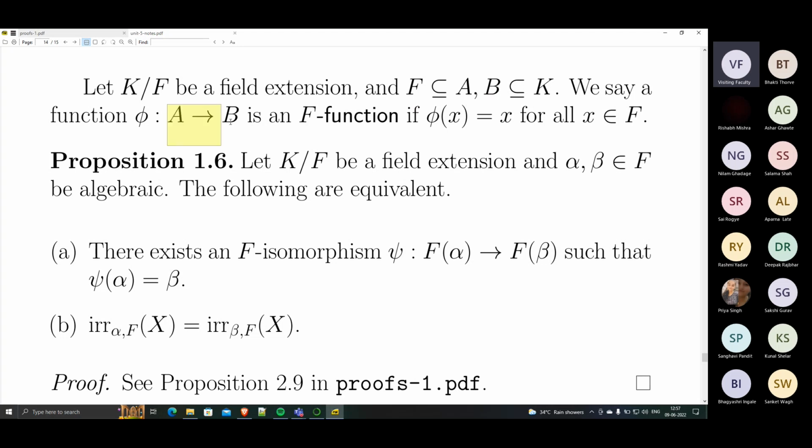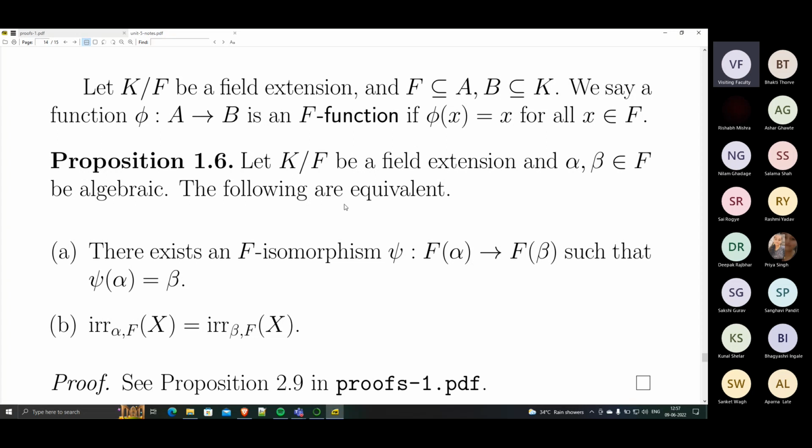Then any function from A to B we will call an F-function if it fixes every element of F. So it will change elements only if the element is outside A or outside B. So it's an F-function if phi(x) equals x for all x in F. Okay.